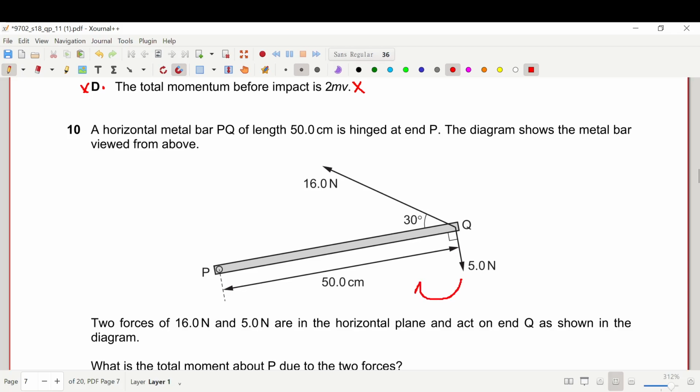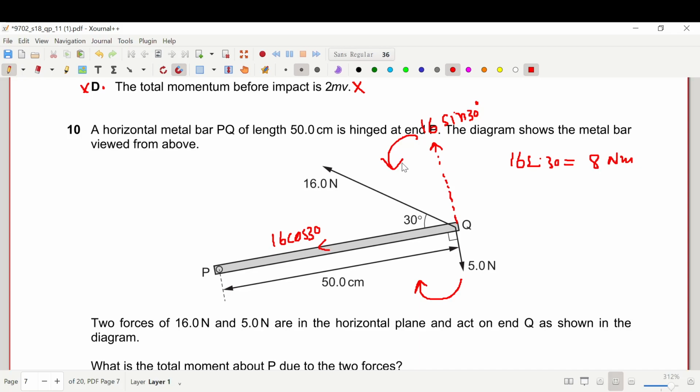इसका moment हो गया आपके पास this one, and here is a perpendicular component. Now this is 16 cos 30, this is 16 sin 30. 16 sin 30 is almost 8 Newton meter. 5 और ये आपके पास clockwise है, ये आपके पास anti clockwise है.